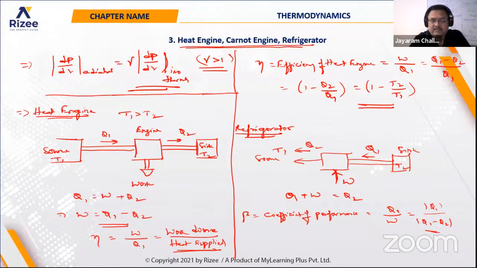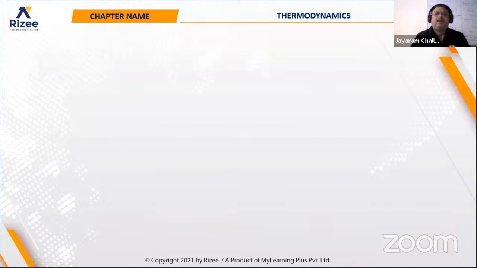So this is another very important thing. Coming to the last part, another type of engine is called a Carnot engine. Technically speaking, practically no engine is a perfect engine.